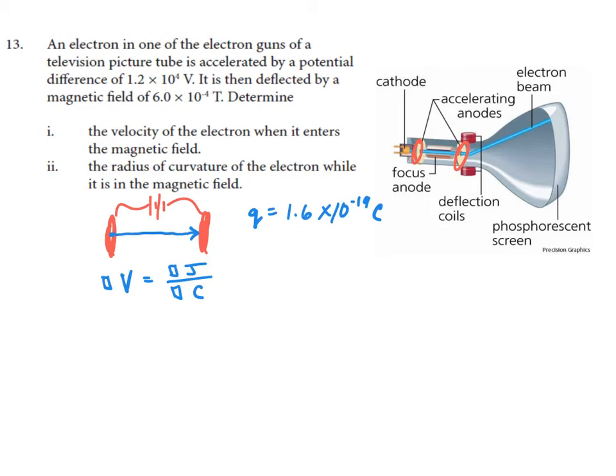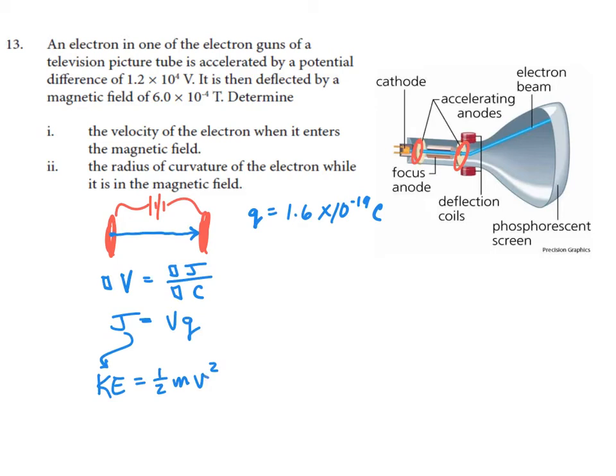So the joules of energy would be V times Q. And then that is going to give the electron some kinetic energy, which is given by 1/2 mv squared. So the fact that the electron is accelerated by a potential of 1.2 times 10 to the 4 volts, we can figure out how many joules of kinetic energy it has.